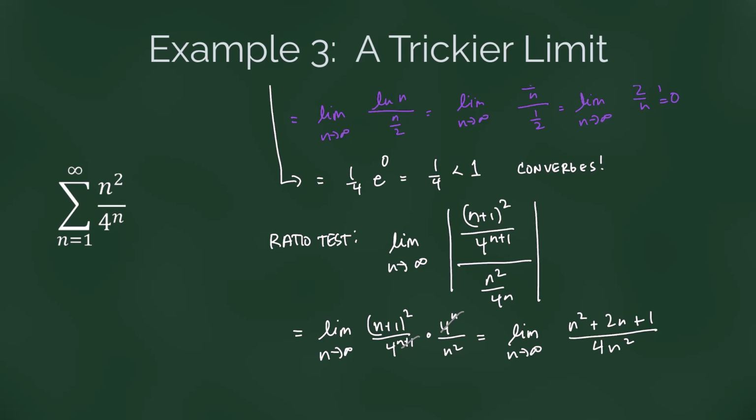We get a 4 left over there, and that is once again going to be 1/4, which is less than 1, and this converges by the ratio test as well. It makes sense that they both are giving us the same answer for the limit as well as the same answer for convergence, because both are measuring whether or not our sequence looks geometric for large values of n, and we see that it does.